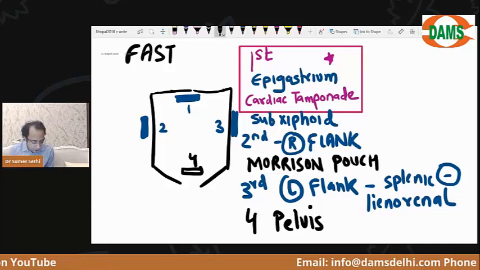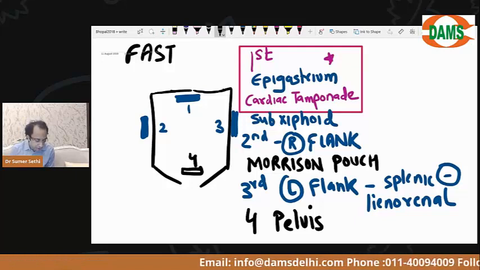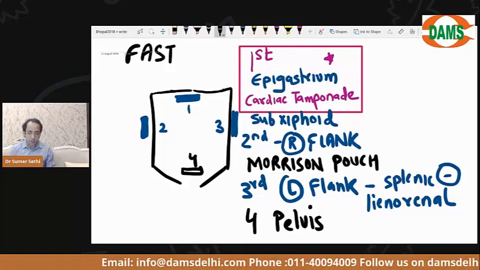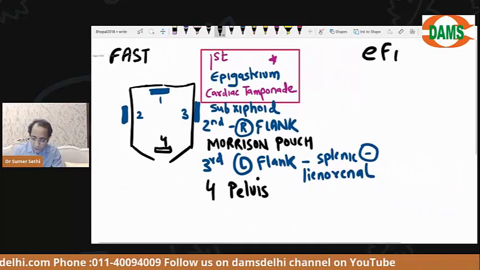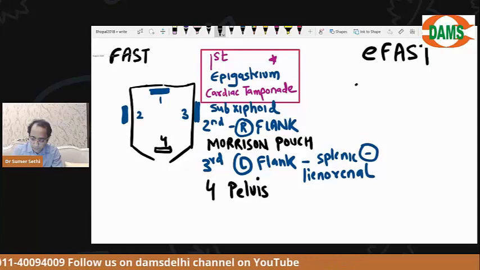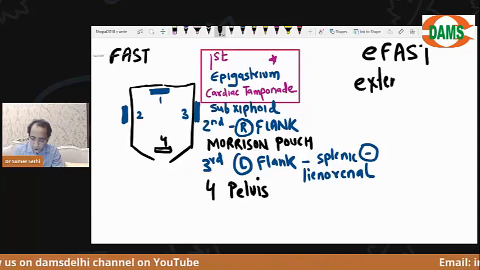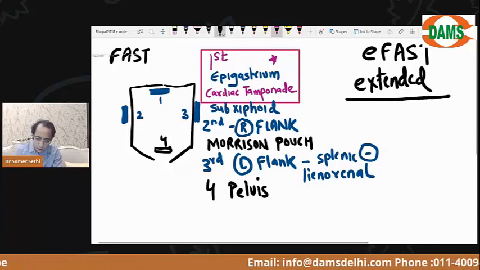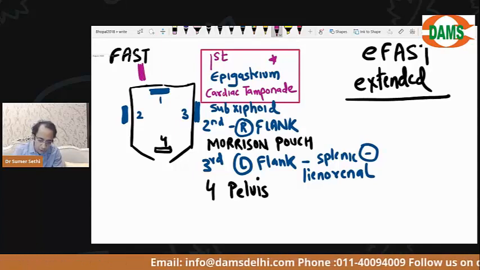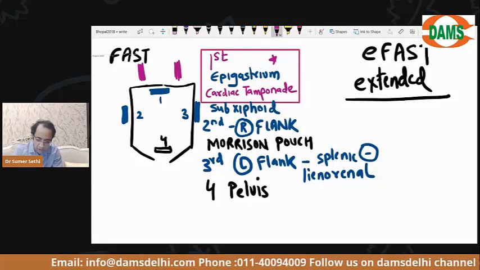This is what is called FAST. And if they use the word e-FAST, that means extended FAST. You keep the probe in the right thorax and the left thorax.